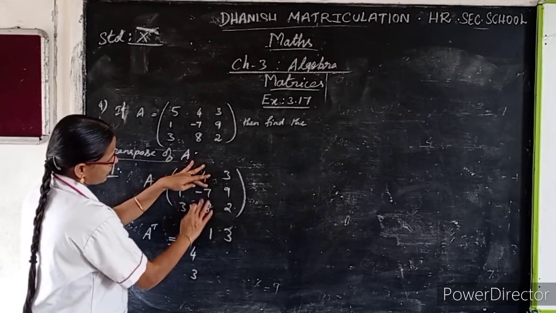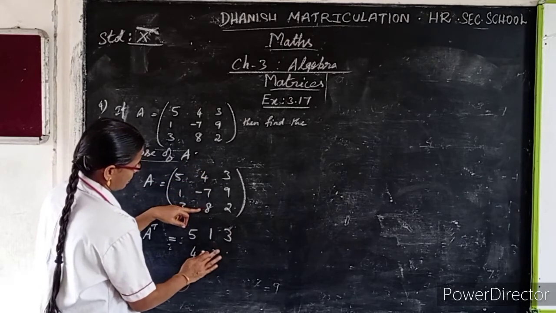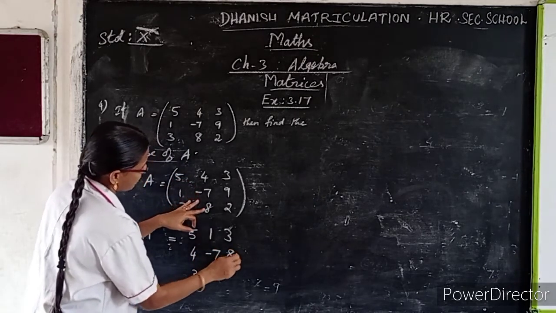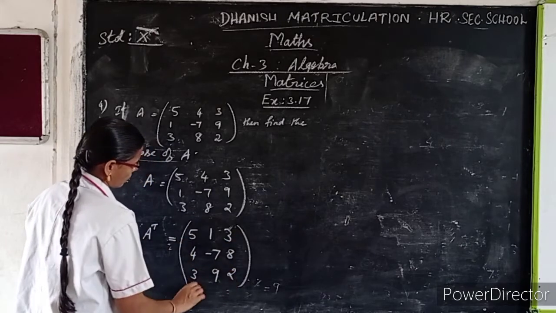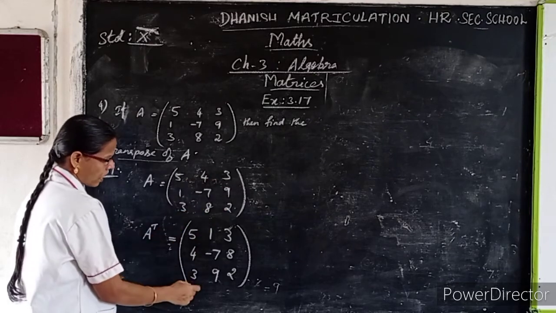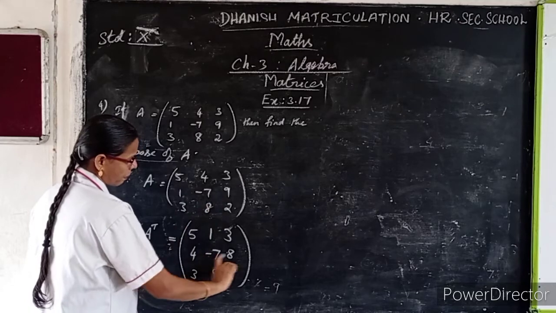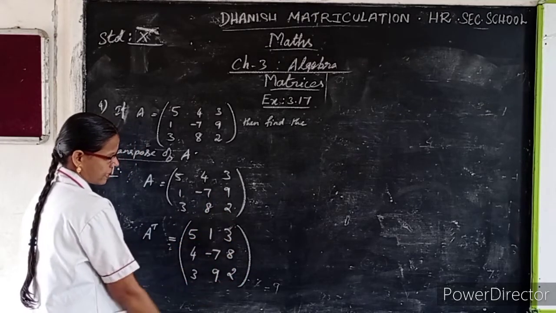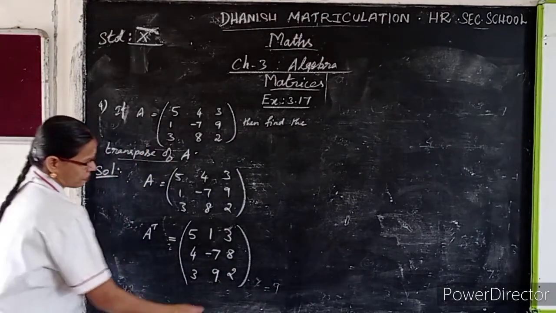Next, take this column as row: minus 7 8 and 9 2. This column as row, this row as column. Next, take this row, that means minus 7 like this, then minus 7 9 like this. This row as it is. So this is the transpose of matrix A. This is the answer.